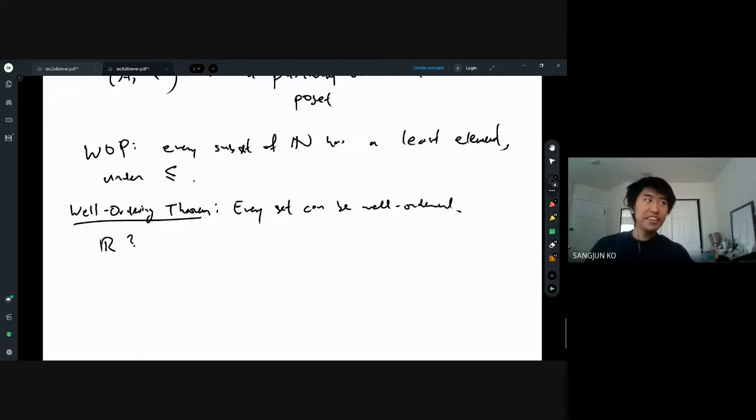And while this is very intuitive, especially for finite sets, when you go into the realm of infinite sets, you'll find that it's very non-intuitive.